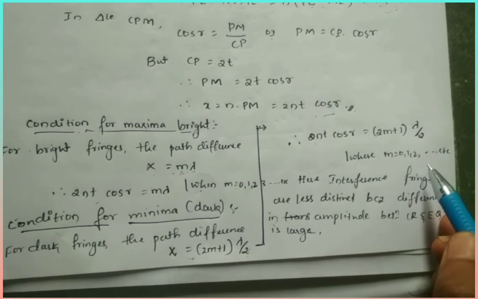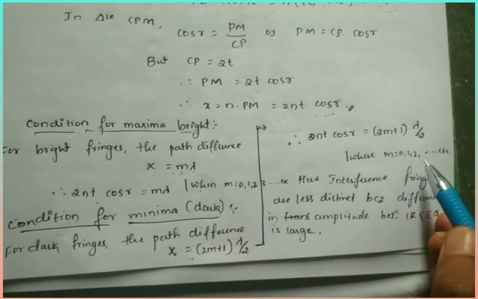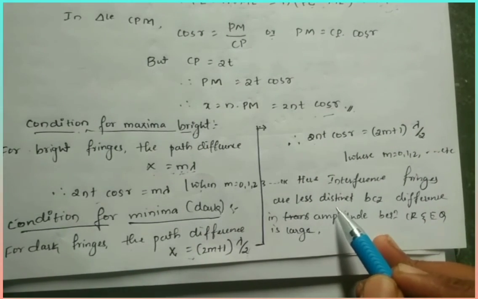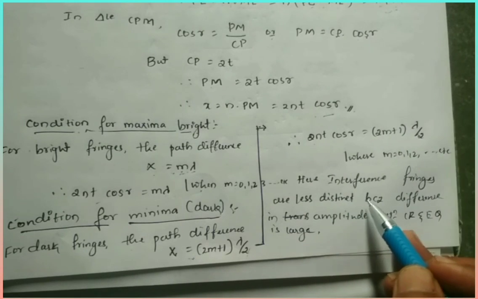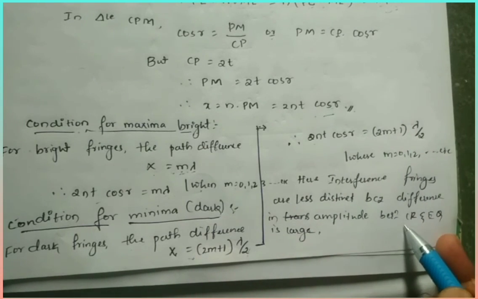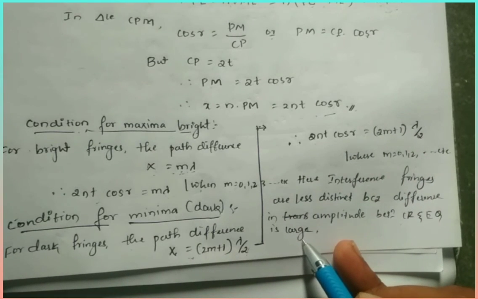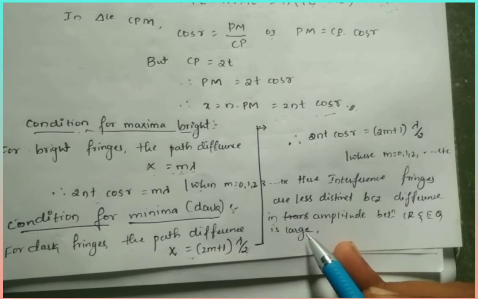Here the interference fringes are less distinct because the difference in amplitude between CR and EQ is large. So the fringes will be less distinct and it is very difficult to find them.